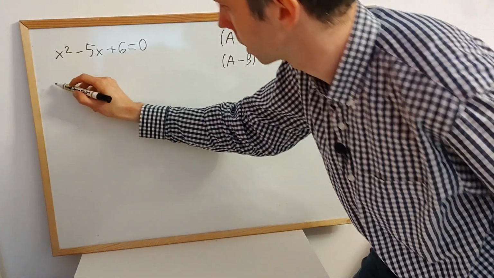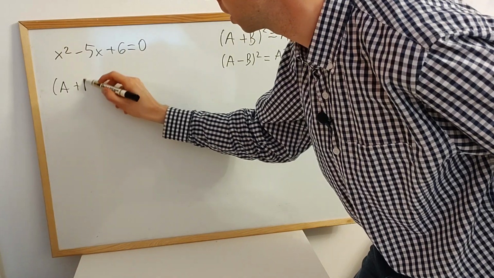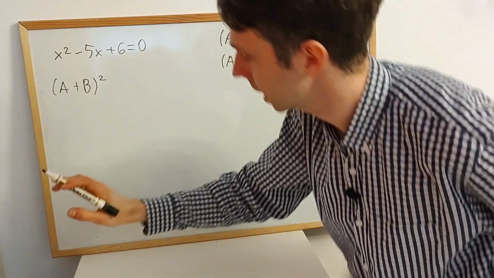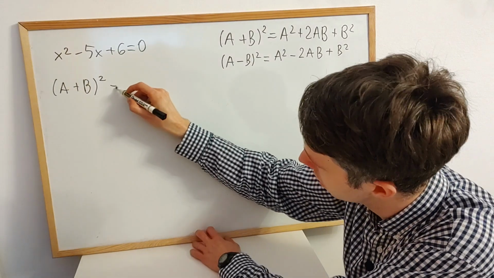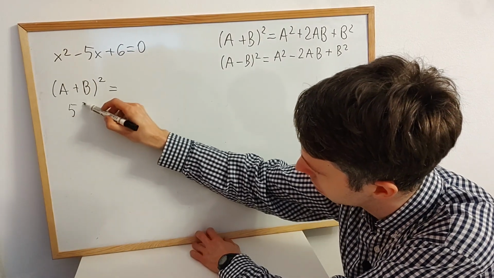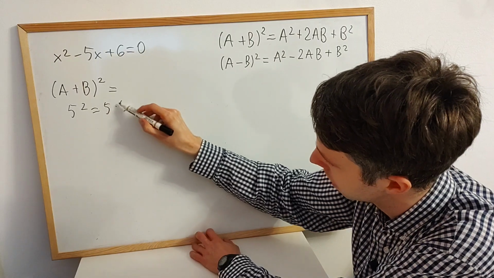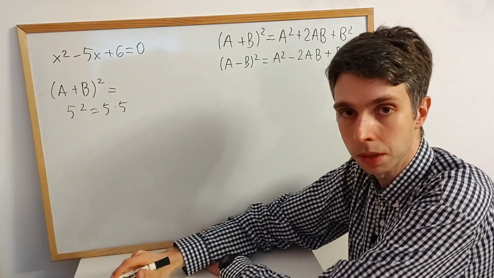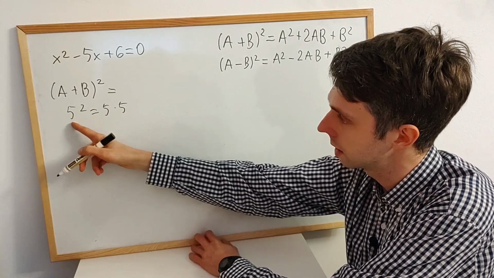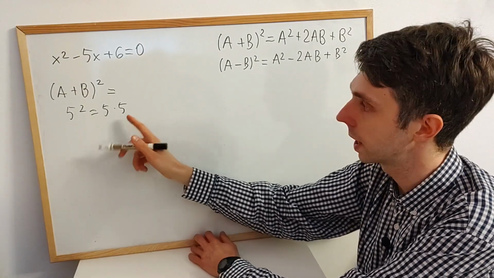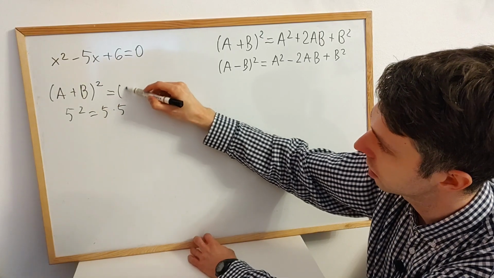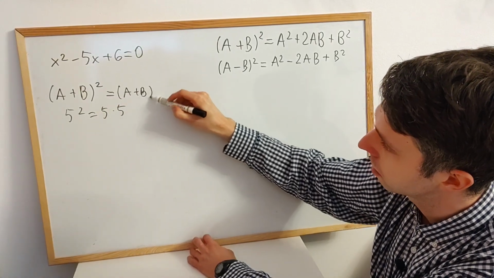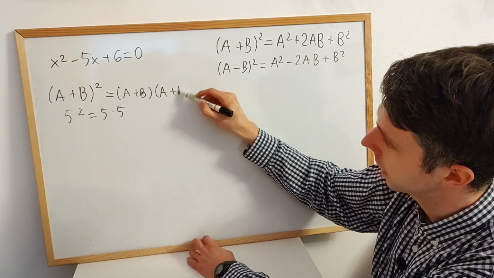So if you have a plus b squared, where a and b are some mathematical expressions, this means like 5 squared means 5 times 5. So square means take the number and multiply it by itself. So here the whole bracket is being squared, so it's a plus b multiplied by a plus b.